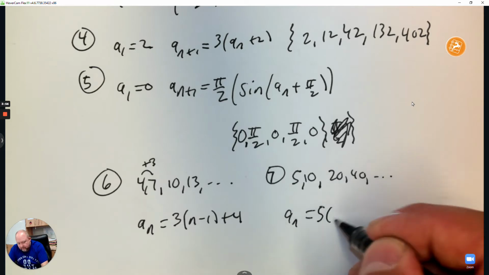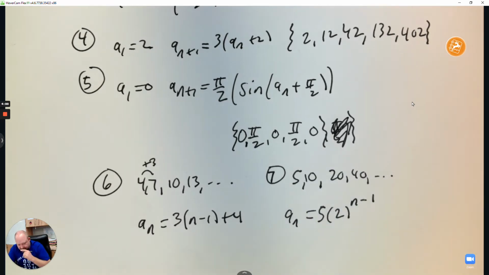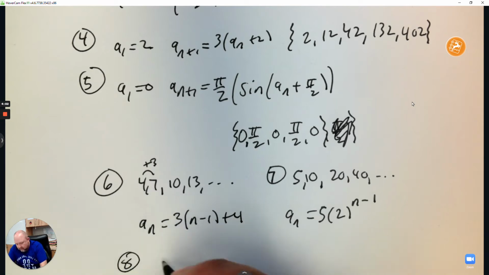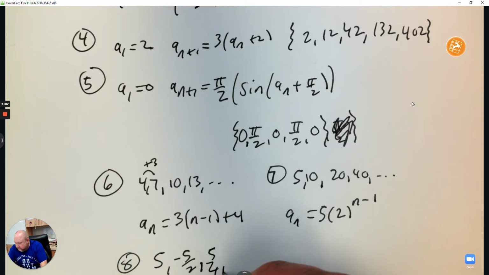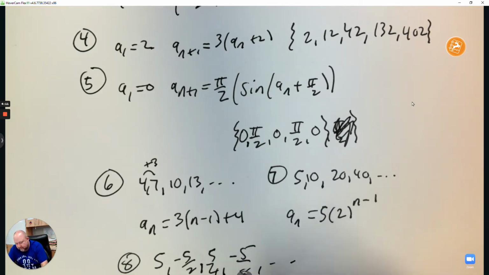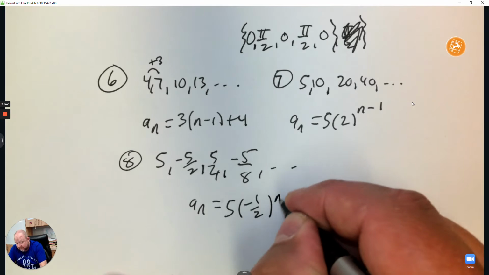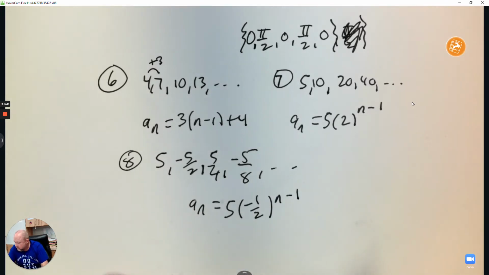So the first term, the base is what you're multiplying, and then the exponent. Number 8, also geometric. You're multiplying by negative 1/2 every time. So the first term is 5, and then the base is negative 1/2 to the exponent n minus 1.